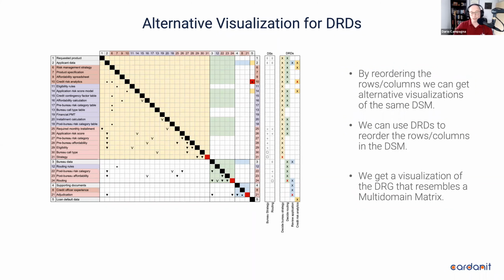And this visualization resembles another kind of DSM, the so-called multi-domain matrix, where you take different DSMs and combine them together to obtain another DSM that looks at different domains and their interactions.